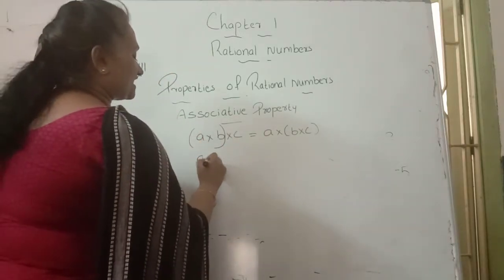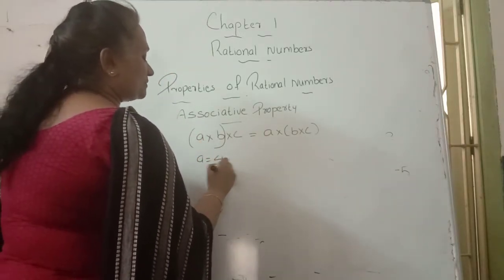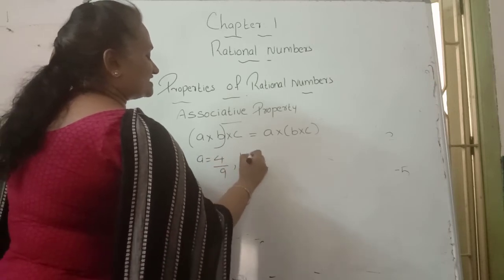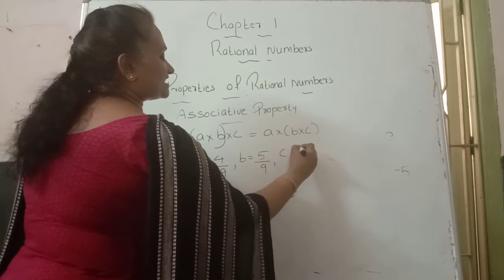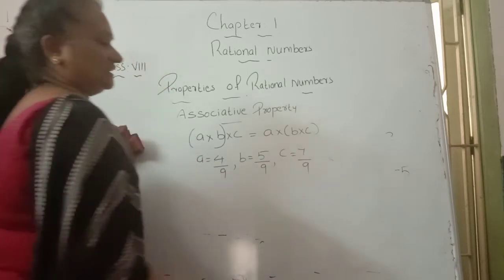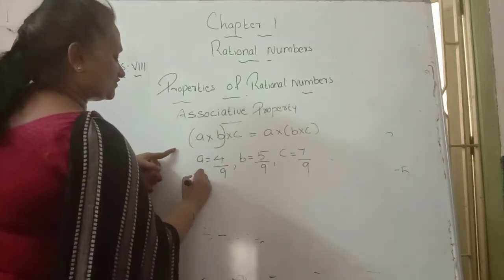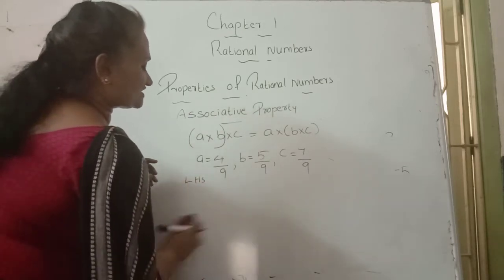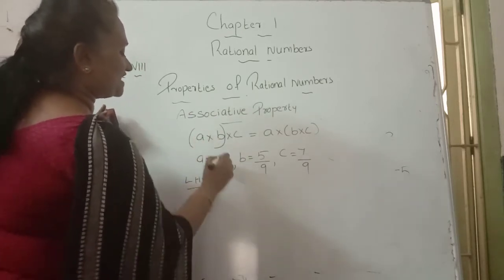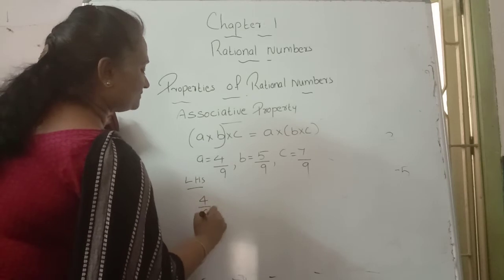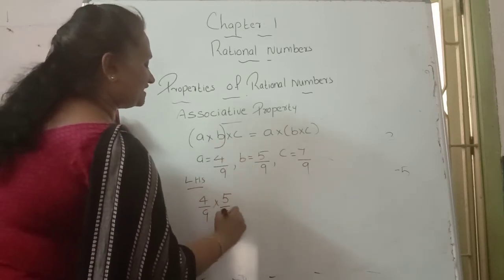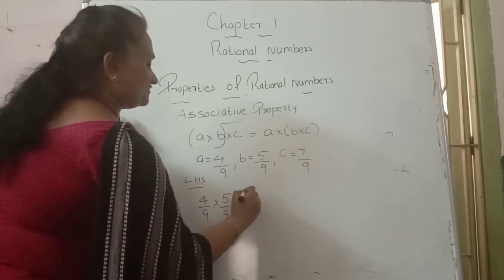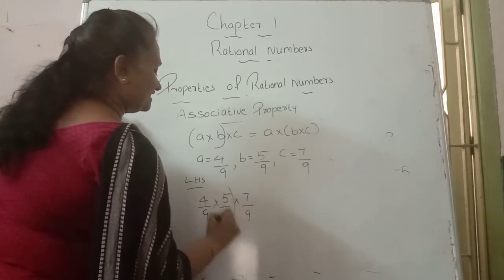Here the a value you can consider as 4 by 9, the b value as 5 by 9, and the c value as 7 by 9. So the LHS side we consider first: a value 4 by 9 into b value 5 by 9, into c value 7 by 9.